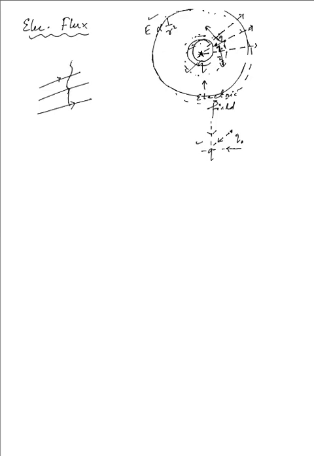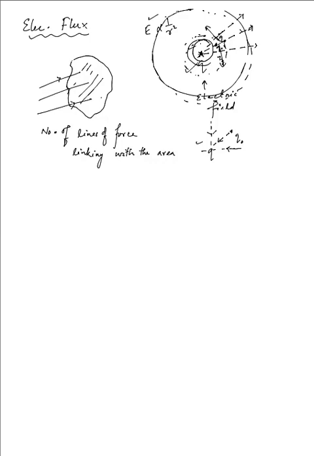Now they are incident over a given area, so let this be the area, and the number of lines of force linking with the area gives us the amount of flux associated, which is usually denoted by phi subscript E. This is the electric flux, which gives us the number of lines of force associated with that given area.